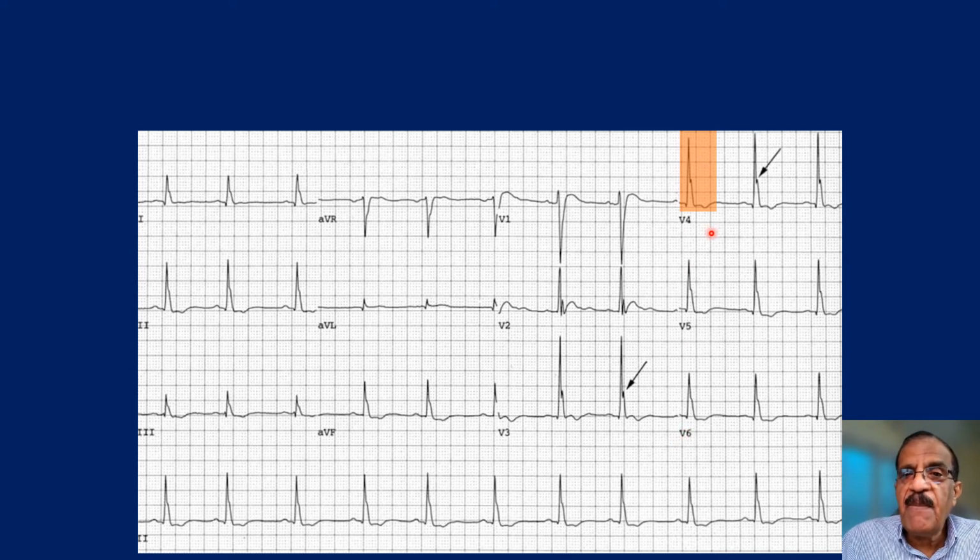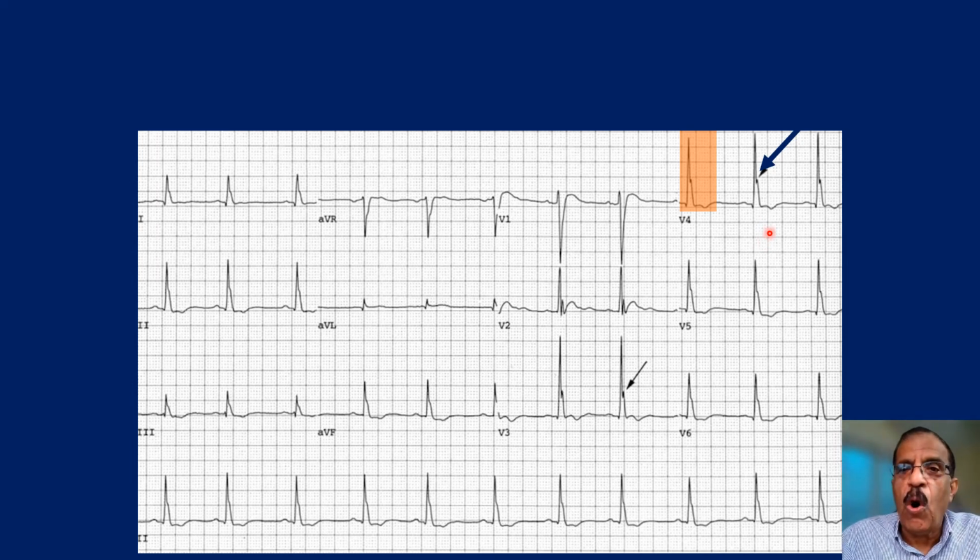And the same rectangle should also demonstrate to you that the QT interval is also short. From the Q wave till the end of the T wave, the QT interval is short. Plus there is an additional wave here. It is like a delta wave, but this is on the down slope of the QRS complex.